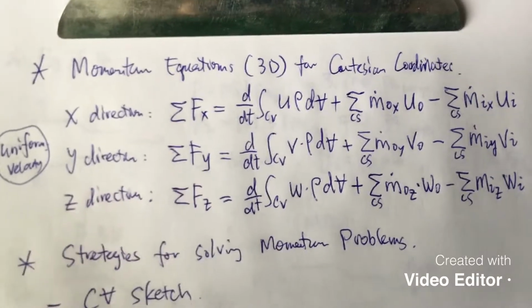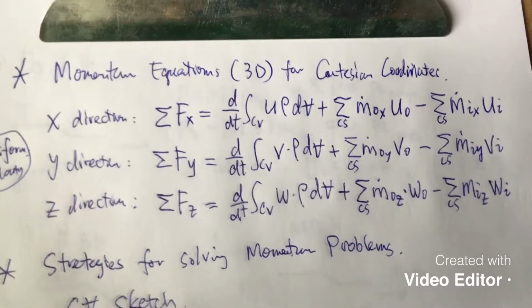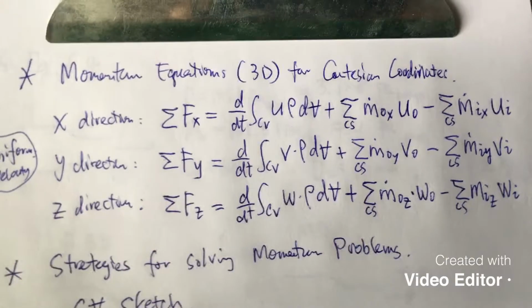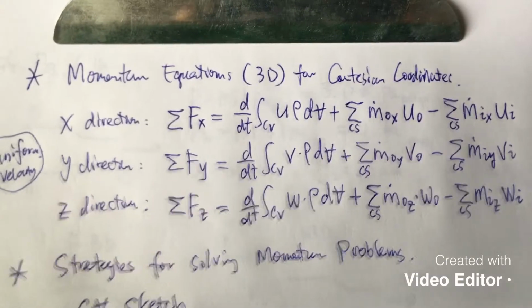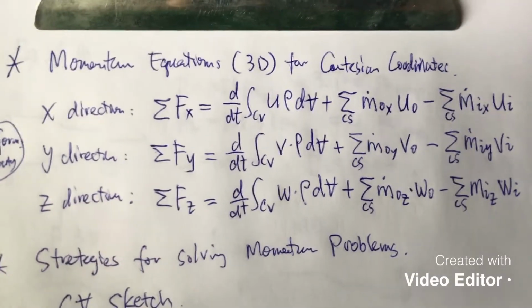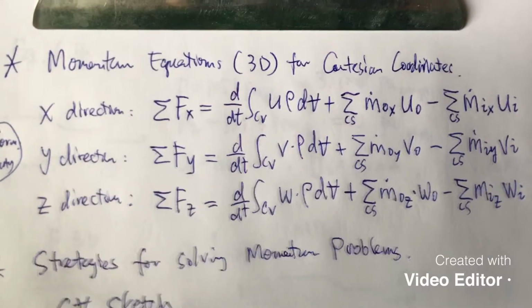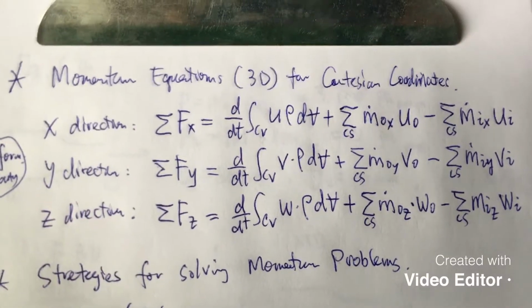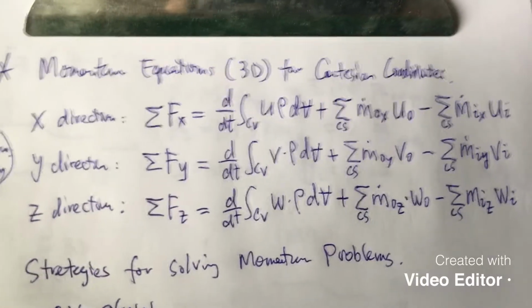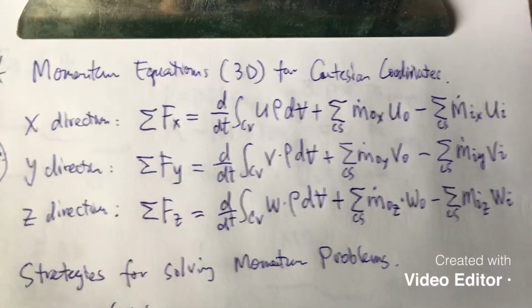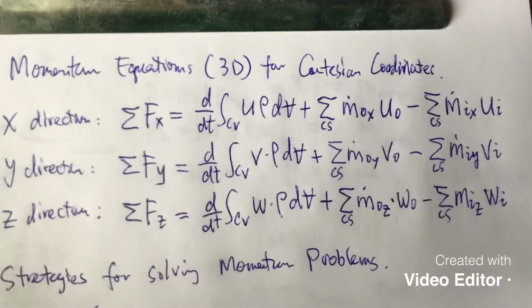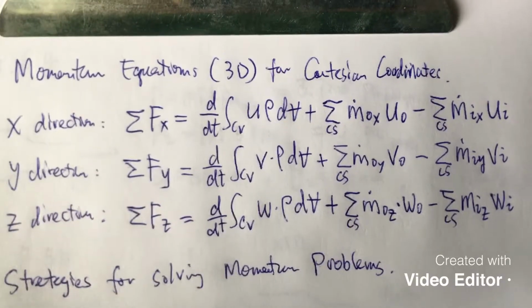Okay, so let me give you the general 3D momentum equation for the Cartesian coordinate. This is the equation you can use for most of the problems. Sometimes it can be simplified to 1D or 2D. This is 3D, so you have three equations, Fx, Fy, and Fz, right?